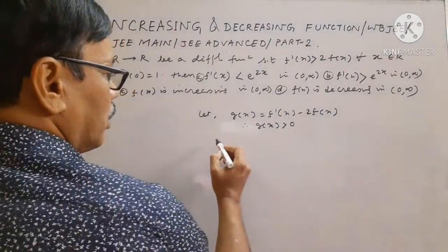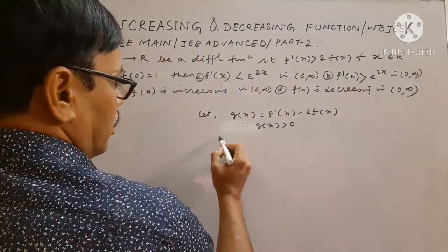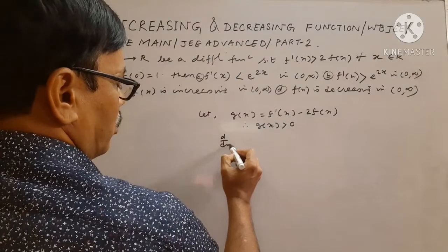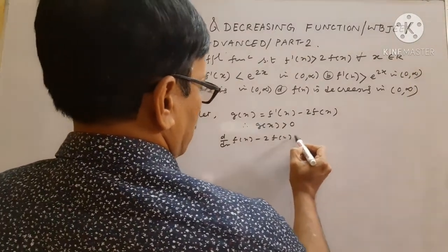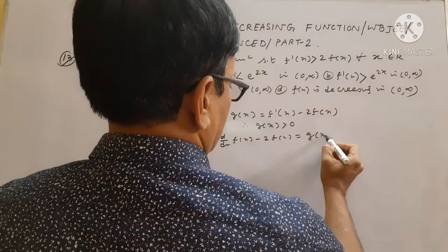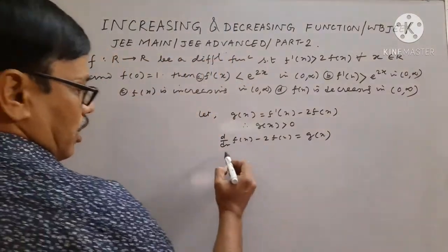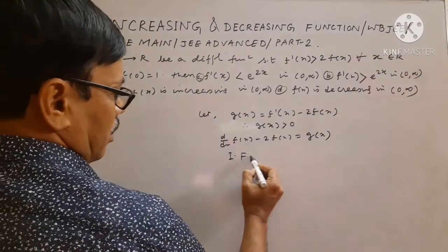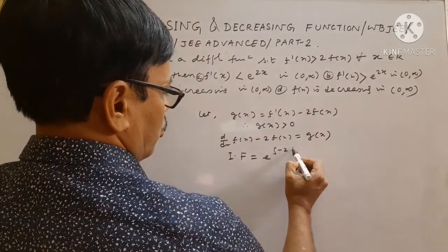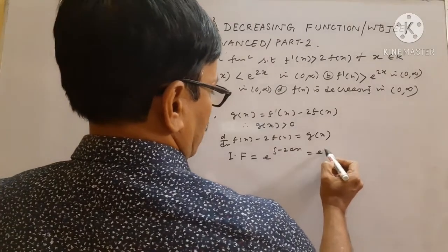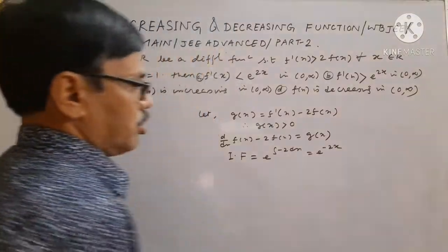Now, this is d/dx of f(x) minus 2f(x) equals g(x). So, to solve it, the integrating factor is e to the power minus 2x.